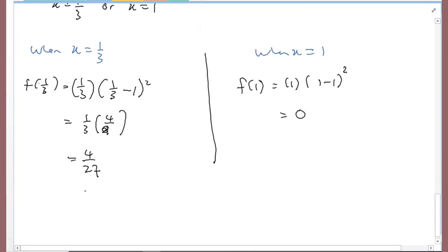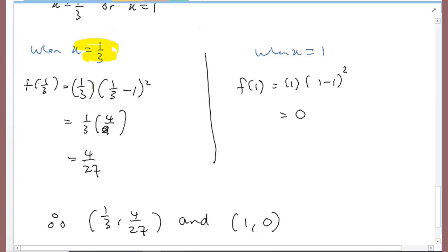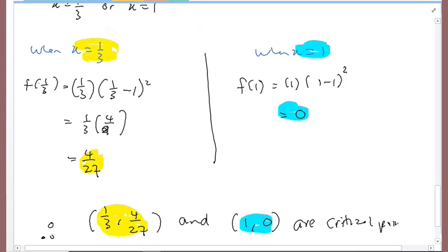Therefore, the points (1 over 3, 4 over 27) and (1, 0), as x y, are critical points.